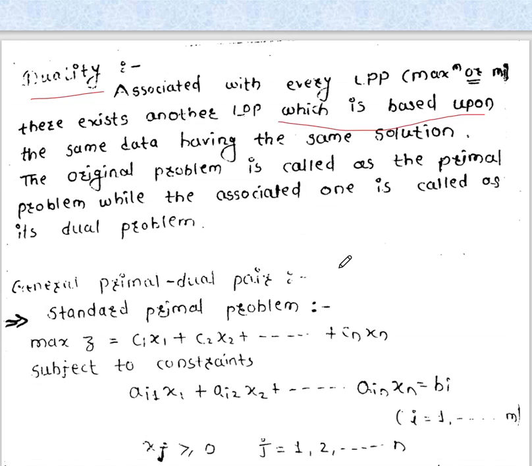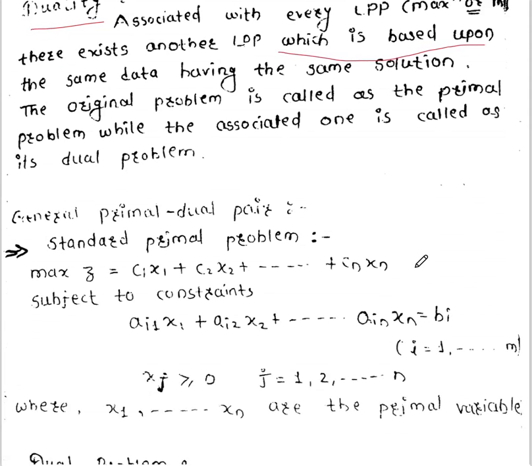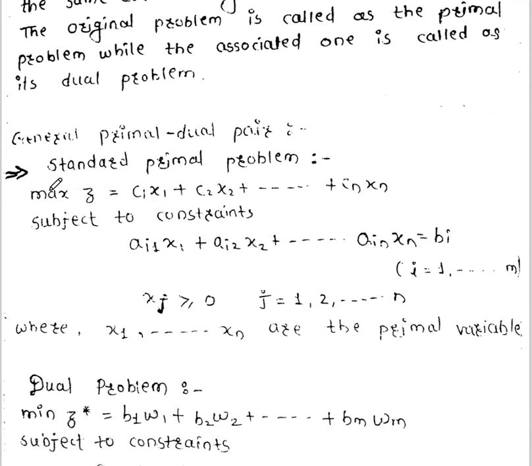Now we will see the general primal dual pair. What do we mean by the primal problem and what is the dual problem? First we will see the standard primal problem form.